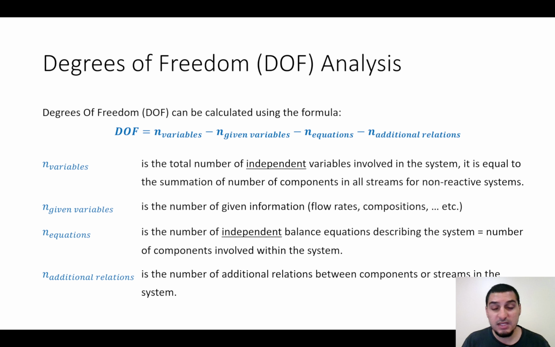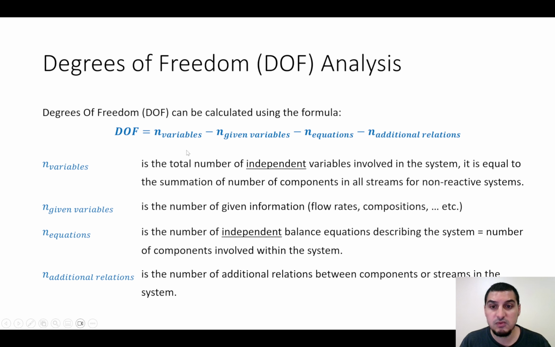So we said that the number of variables, the first term here, represents all the variables that we have, whether they are known or unknown variables. The second term, which is the number of given variables, represents the variables that we know.